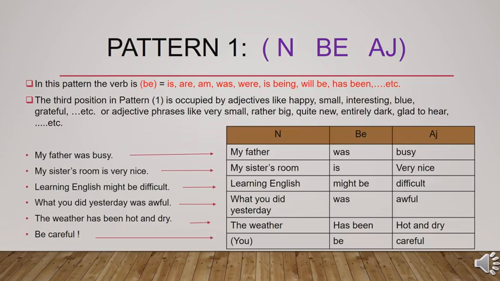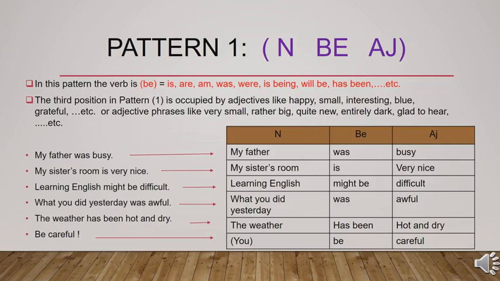Pattern number 1. My sister's room is very big. The verb is. It is one of the verbs to be. My sister's room is the subject. It is N. It comes in the form of a noun phrase.